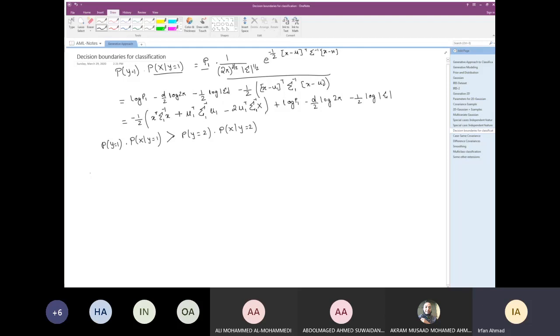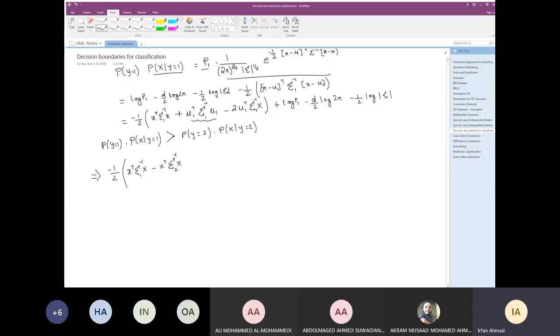So what do we get is minus half X transpose sigma 1 inverse X minus X transpose sigma 2 inverse X, right? This is what you're getting from the other one. Similarly, this part is a constant, right? Because it does not involve X, so we are not interested in that for the time being.